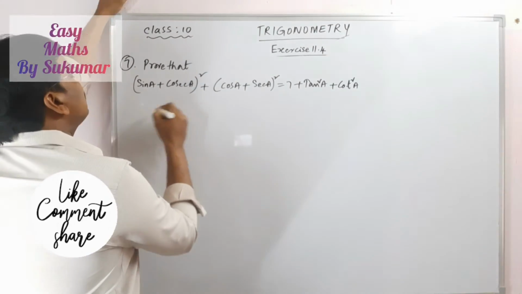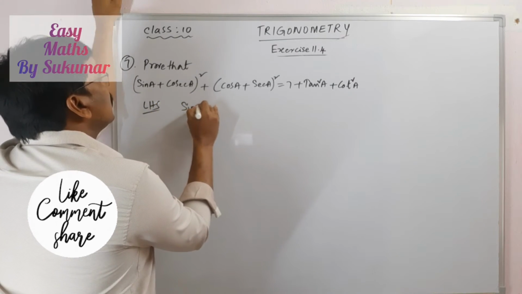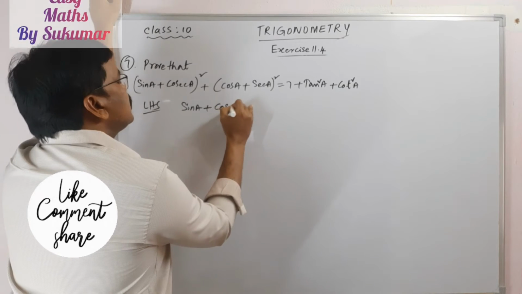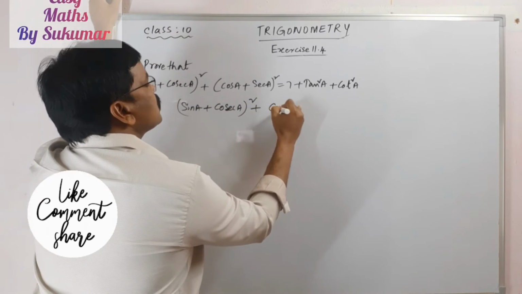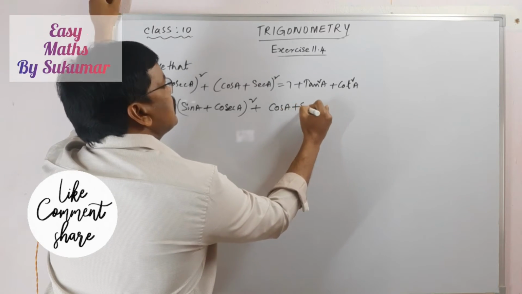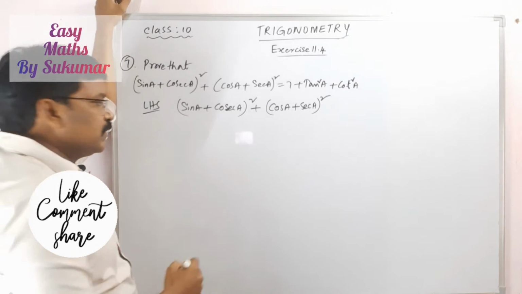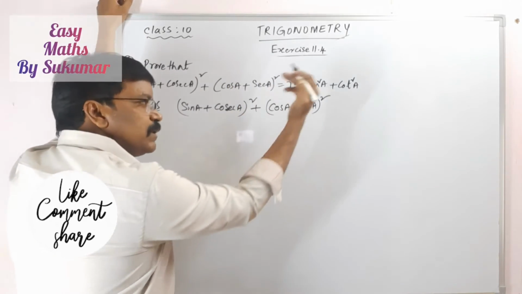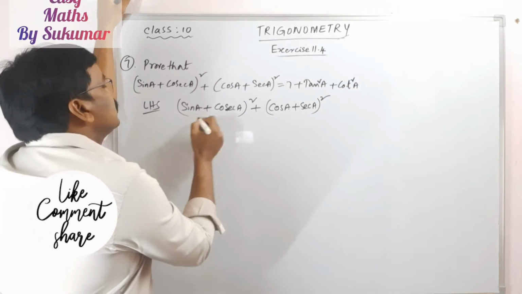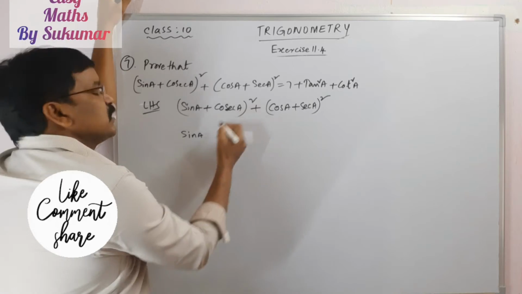Take what is LHS. What is LHS here? Sin A plus cosecant A whole square plus cos A plus secant A whole square. Let us take this sin A plus cosecant A whole square.